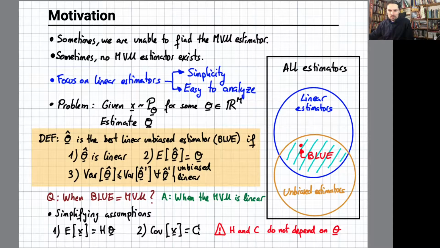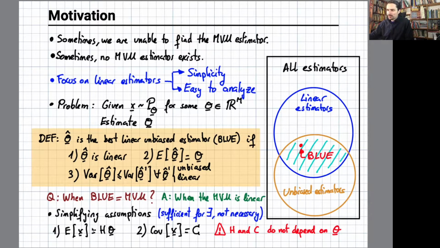By constant we mean that it doesn't depend on theta. And the same here, H cannot depend on theta. All right, so are these assumptions necessary for a BLUE estimator to exist?